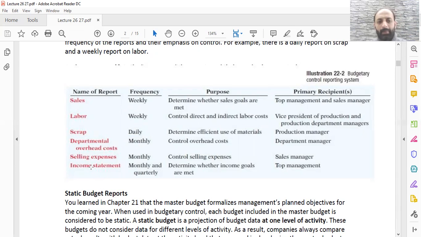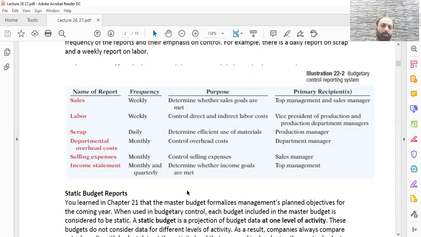Similarly, your departmental overhead costs also go to the production department and the departmental managers. As for your selling expenses, the sales manager should know, because the sales manager has to meet the targets. So the sales manager should know what selling expenses are being incurred, and against those expenses what sort of sales you are achieving. If you feel you have to increase your sales, obviously you will try to invest more in your selling expenses.